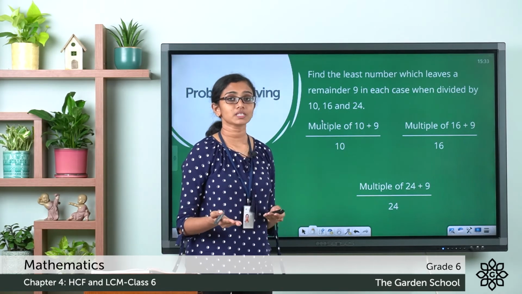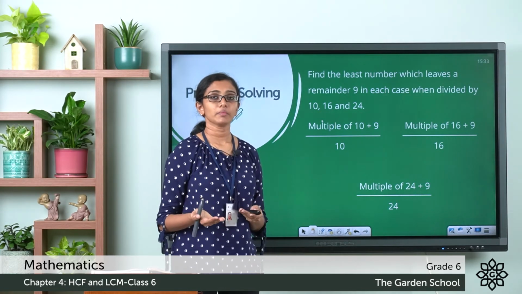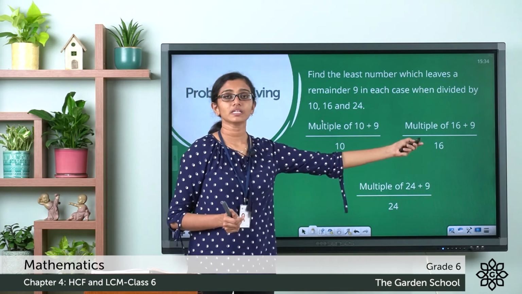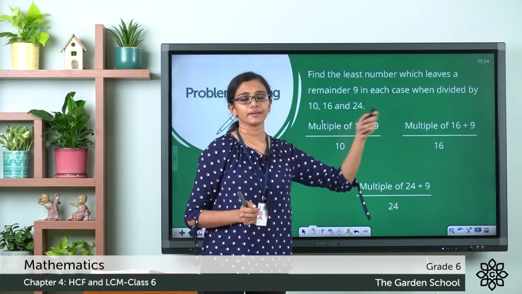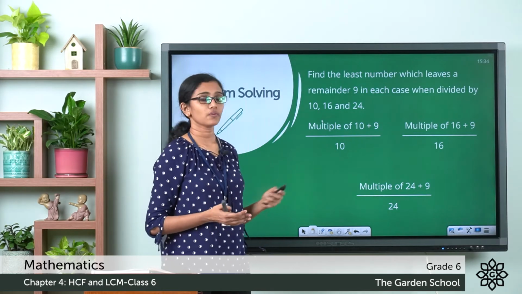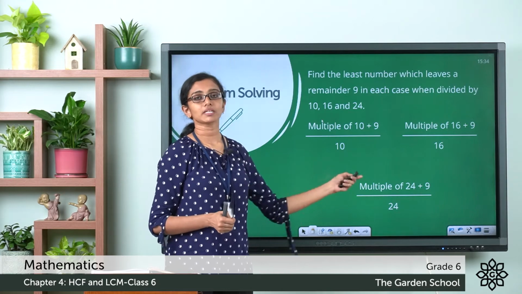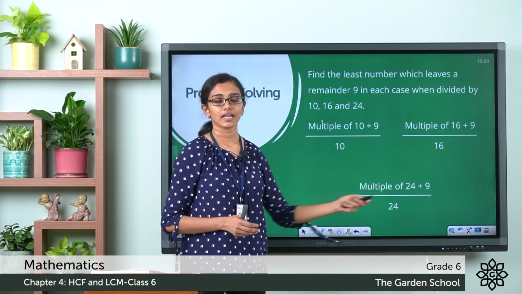So if it is to be divisible by 16, it should be a multiple of 16, right? So the required number can also be a multiple of 16 plus 9. And when you divide the same number by 24, it gives you the same remainder 9. So it has to be also a multiple of 24 plus 9.